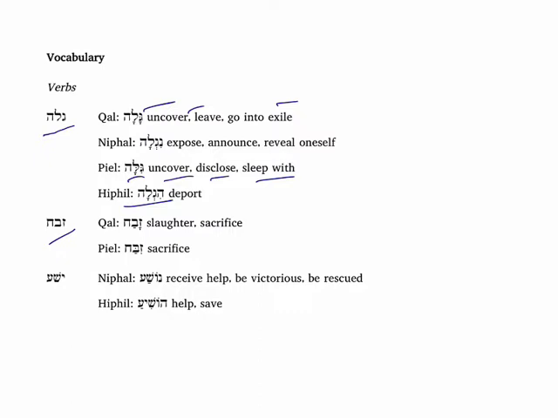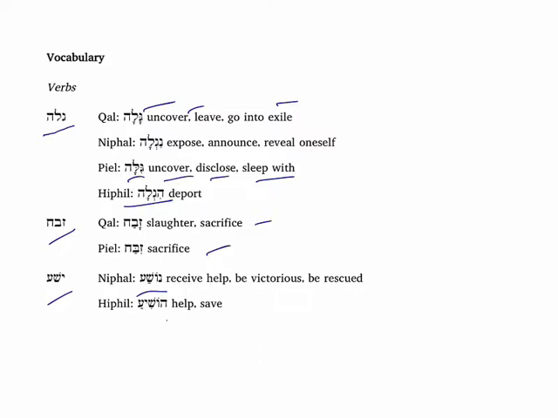You're familiar with the noun mizbeach, altar. So in the kal, it just means to slaughter. In the piel, zibbach, also to sacrifice. There's probably not a great deal of difference between the kal and the piel in this case. From yasha, we have the nifal, nosha, to receive help, to be rescued, and thus to be victorious.